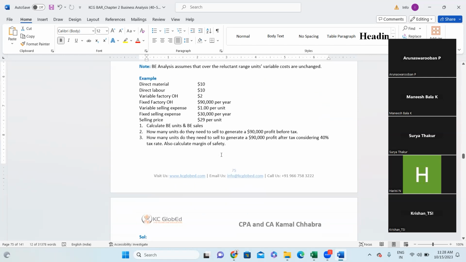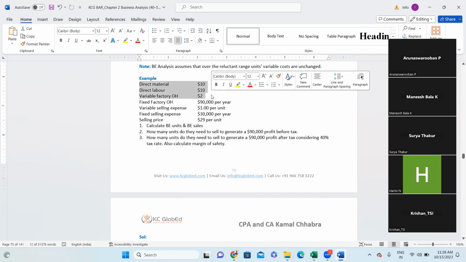29. And what are the variable costs here? How much is the variable cost? 23, right? Kashish. Yes, sir, 23.